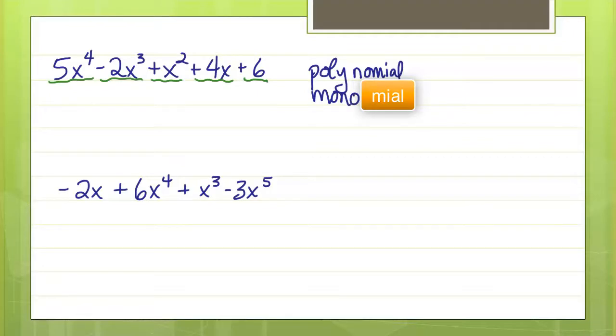Their terms are separated by addition. So you can think of 5x to the fourth as a term. It's a monomial. It's separated by addition from negative 2x to the third, which is separated by addition from positive x squared, etc. And so this one happens to be in standard form.